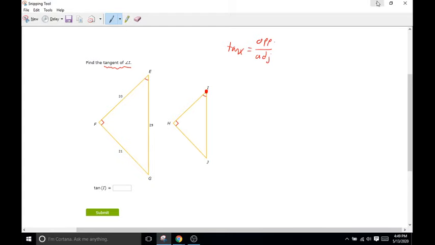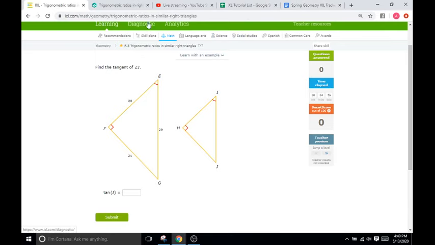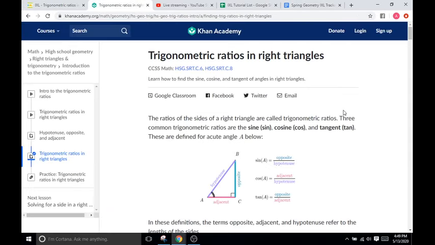If you need a refresher on SOHCAHTOA, you can always go to Khan Academy or something like that. There's a million different resources on the internet. You can see down here, tangent of a certain angle is the opposite side of the angle over the side that is adjacent to whatever angle you are referring to.